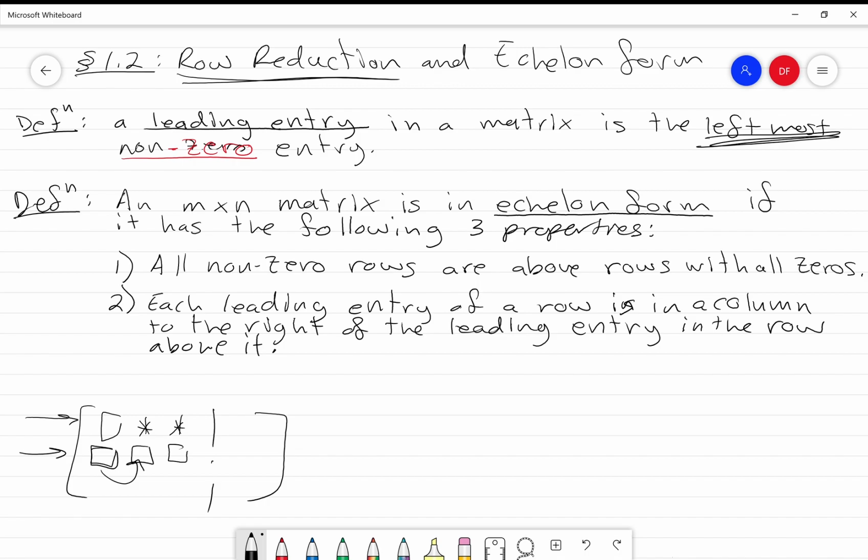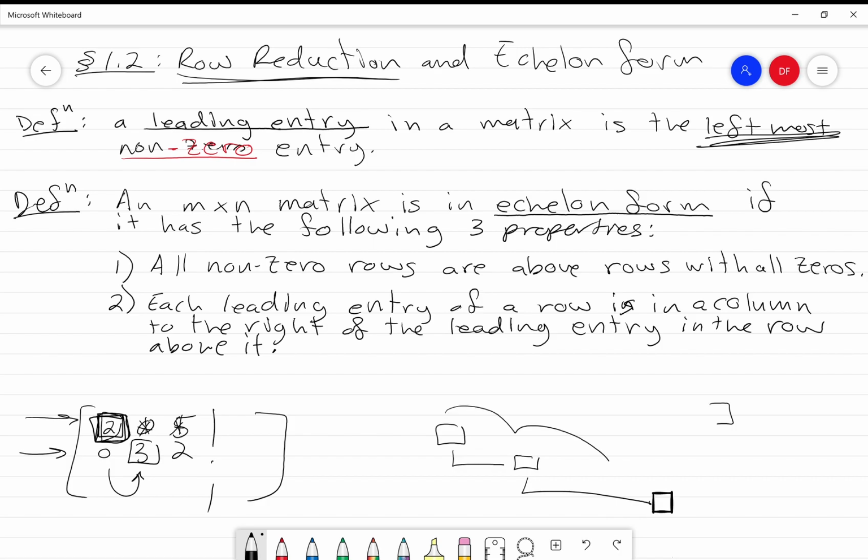So for example, if I had 2 here, 0, 5, and I had 0, 3, 2, then the leading entry is to the right of the leading entry of the row above it. Okay? So we need the leading entries to look like this, not like this. And we'll see examples so that you know what I mean.